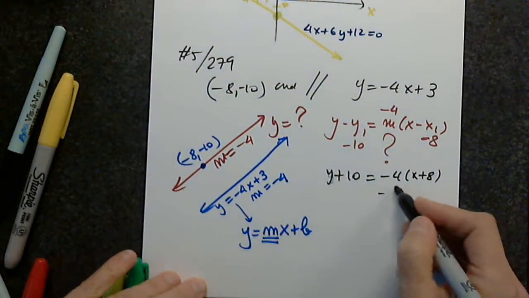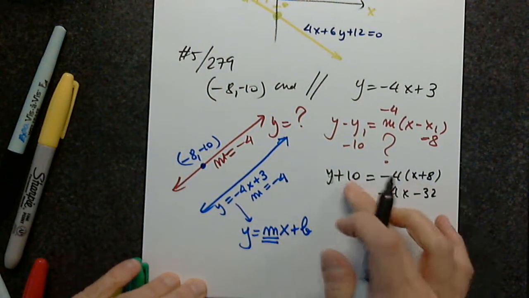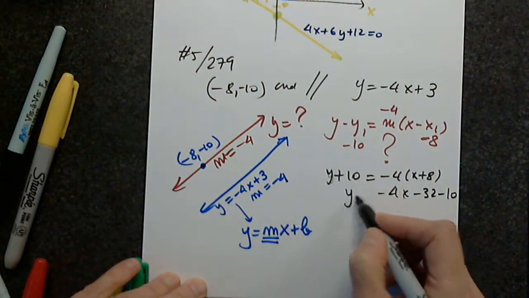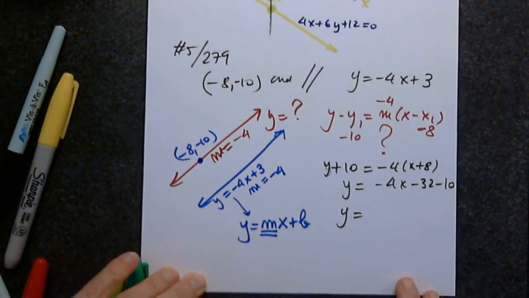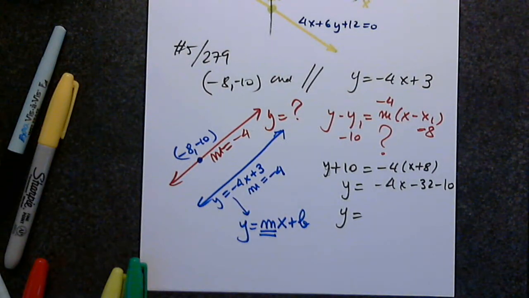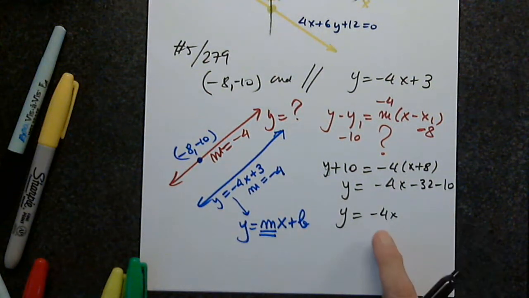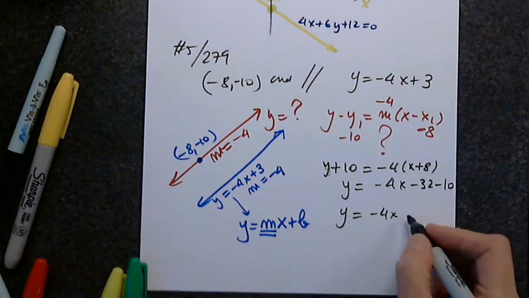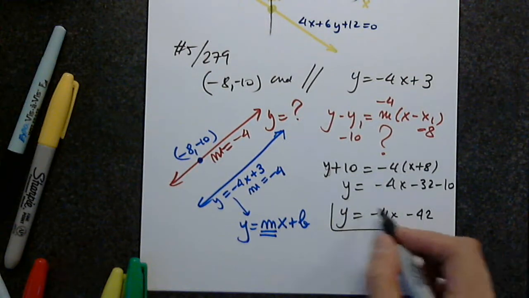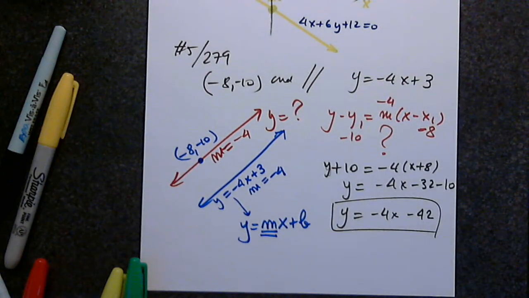I distribute: -4x, -32, minus 10. So the equation of the line passing through -8, -10, and parallel to the given line is, of course, it has to have -4x, and that's -42. Any questions?